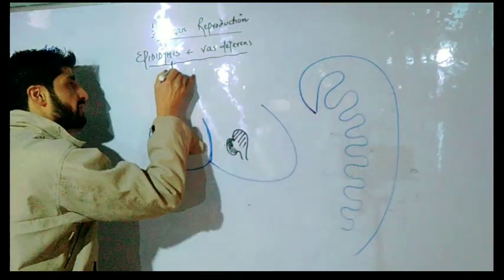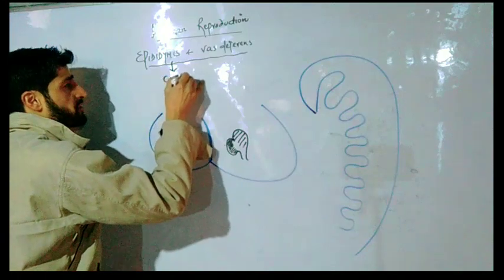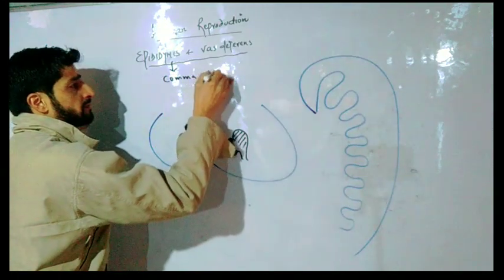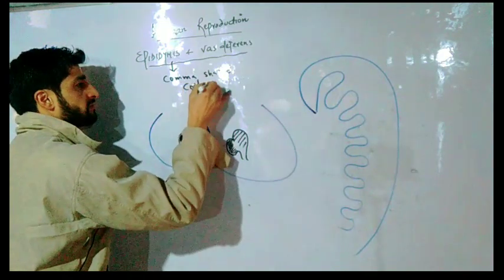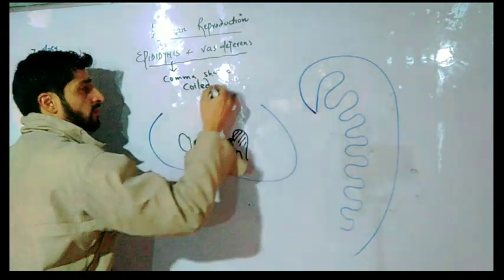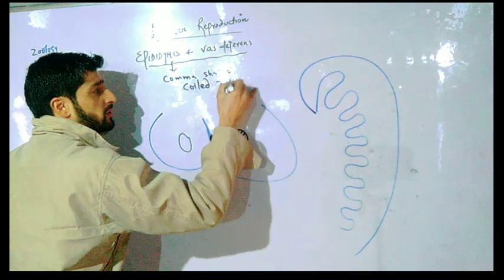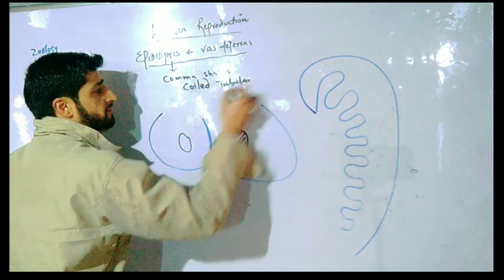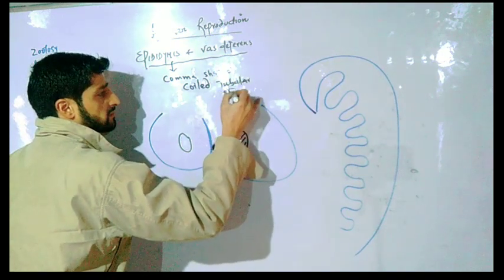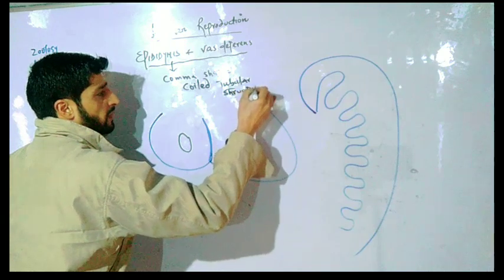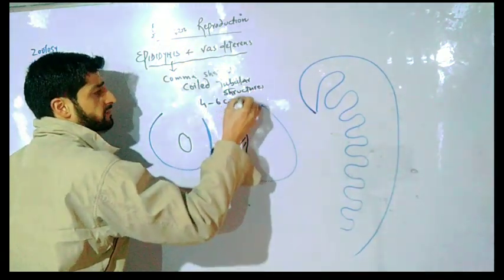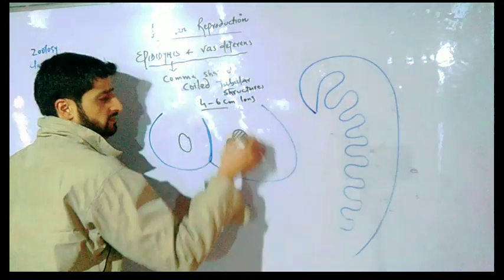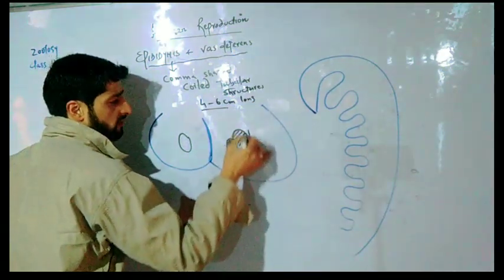This epididymis is a comma shaped, highly coiled tubular structure that is usually 4 to 6 centimeter long.